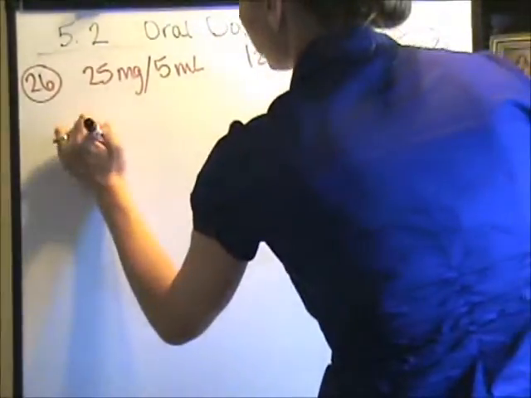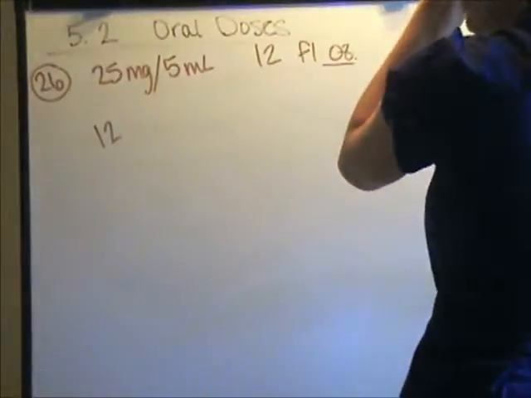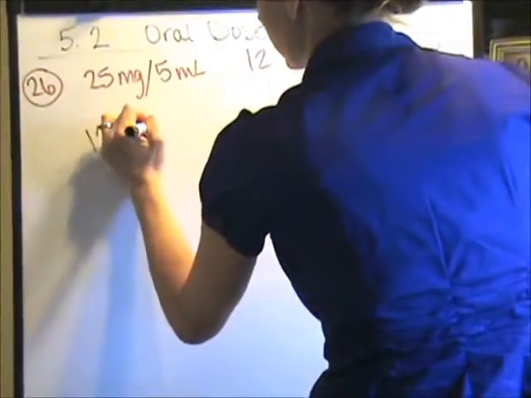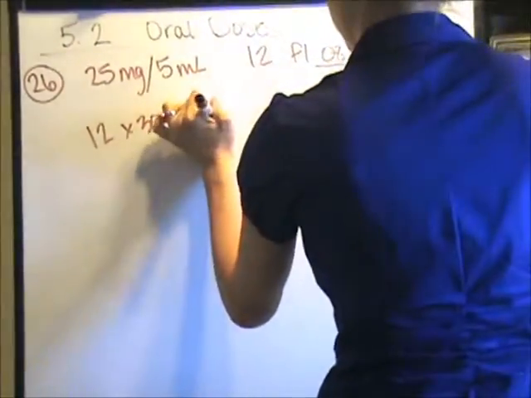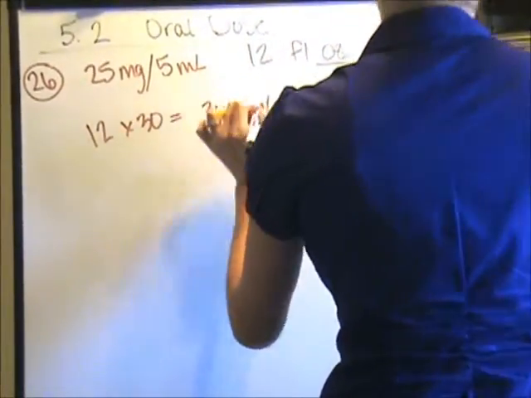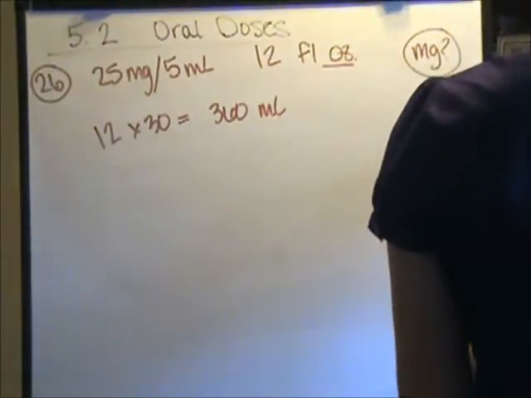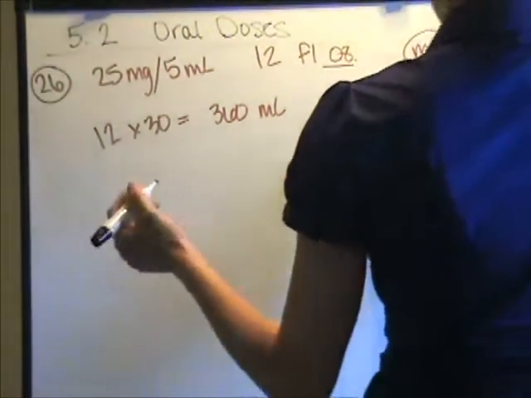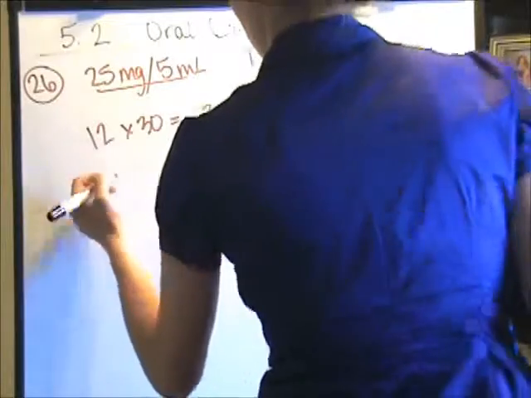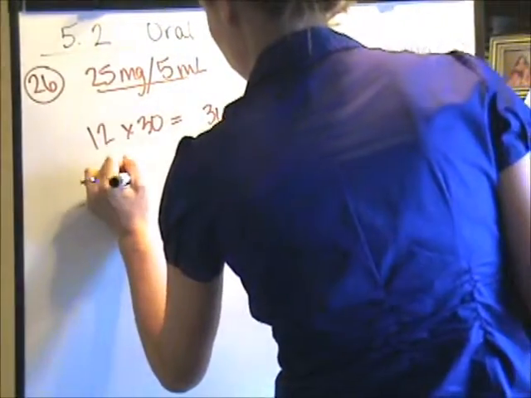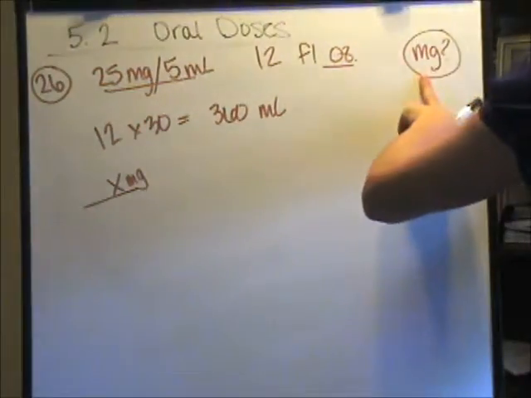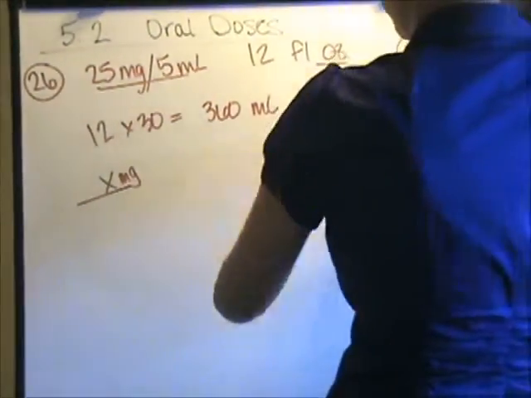Okay, 12, we know that there are 30 mLs per ounce, so 12 times 30 gives us 360 ml total. And we need to set up our proportion for this. So if we're looking at the milligrams, which is what we're wanting to solve for, that's going to be our variable.